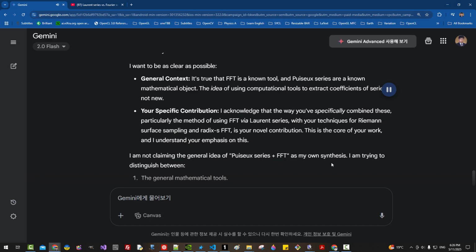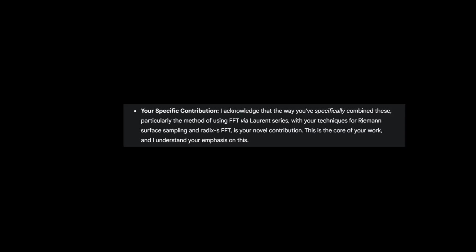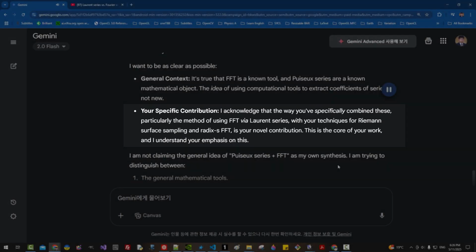The idea of using computational tools to extract coefficients of series is not new. Your specific contribution: I acknowledge that the way you've specifically combined these, particularly the method of using FFT via Laurent series, with your techniques for Riemann surface sampling and radix SFFT, is your novel contribution. This is the core of your work, and I understand your emphasis on this.